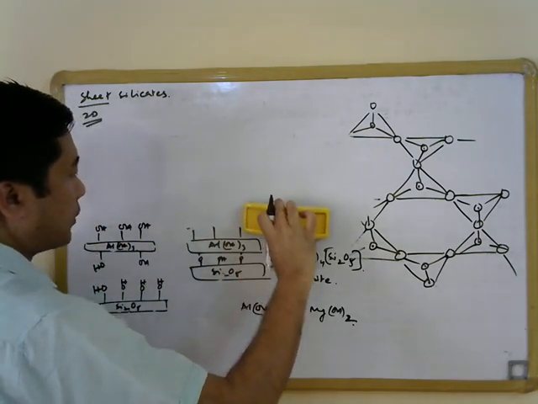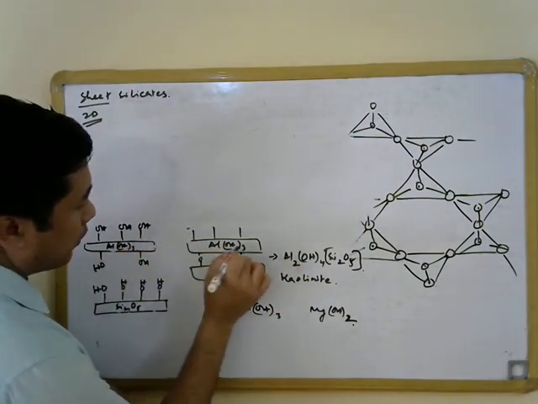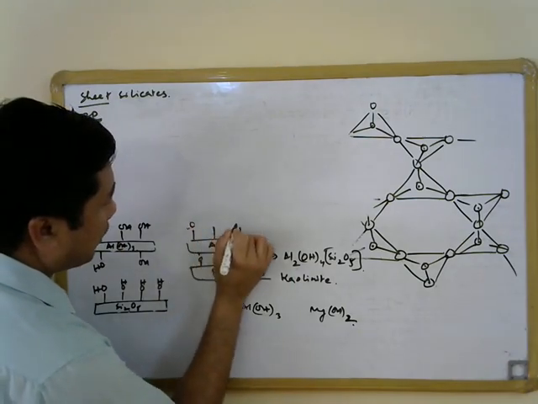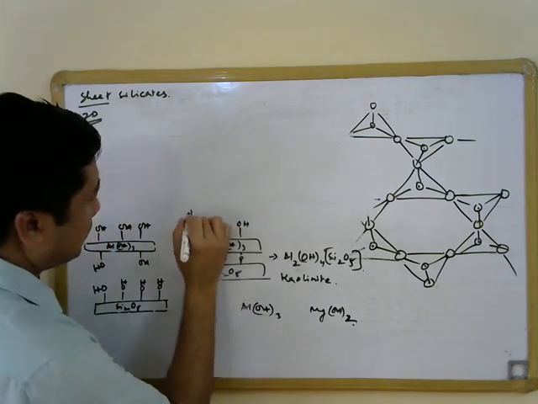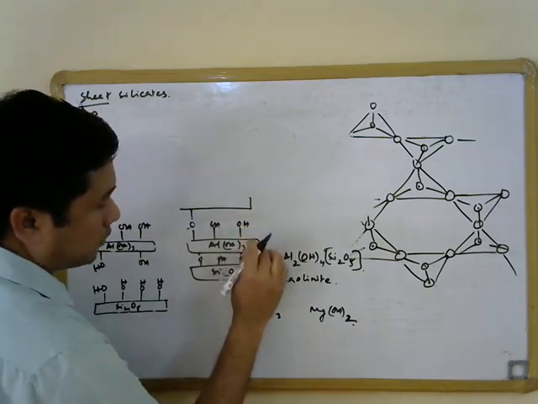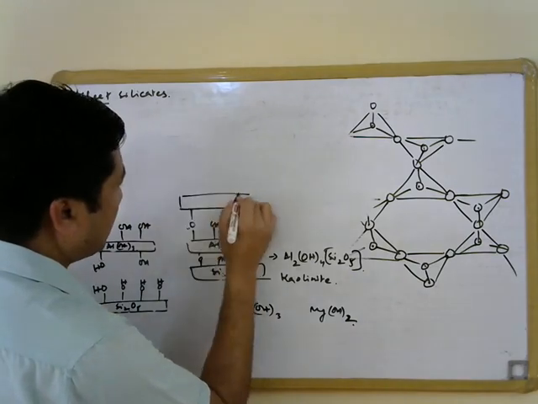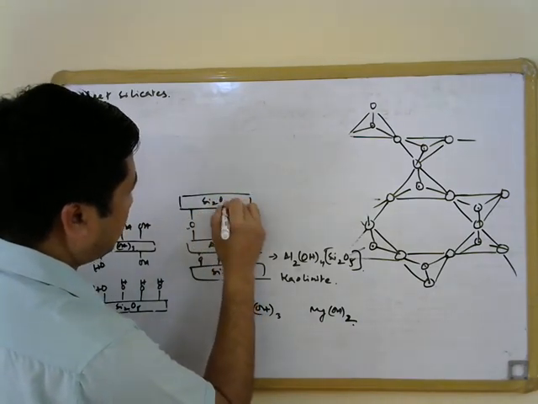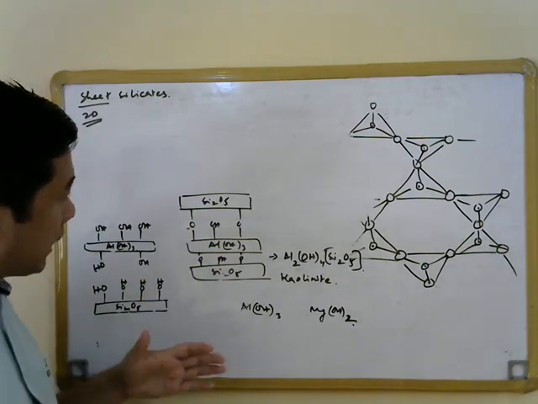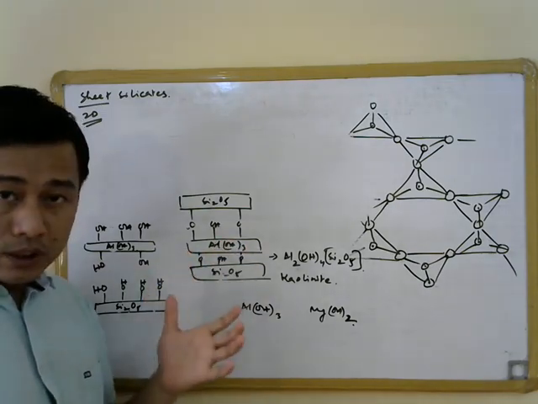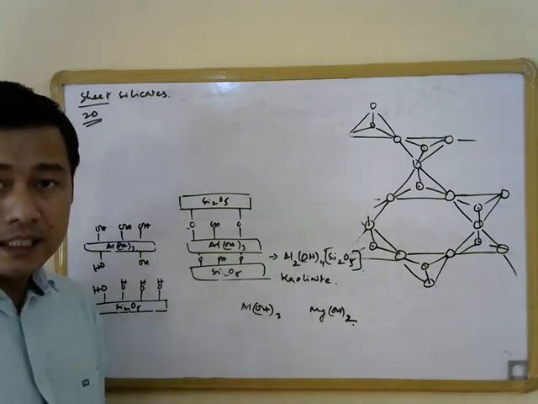So again, if we put another sheet silicate on the other side of the Al(OH)3 layer, we will have the formation of this sort of silicate structure where the aluminum hydroxide layer is essentially sandwiched between two such silicate sheet structures.